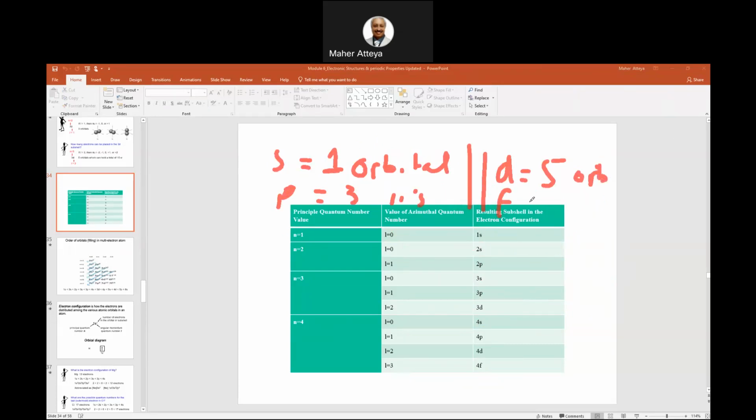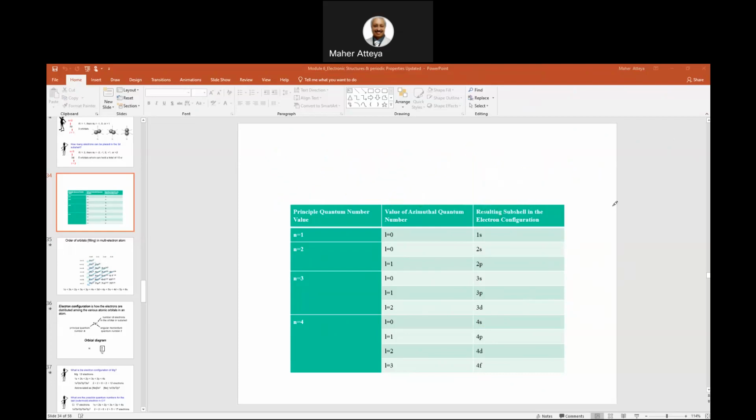And F has 7 orbitals. That gives us the idea that you can have only a maximum of 2 electrons. You cannot exceed 2 electrons in each orbital.